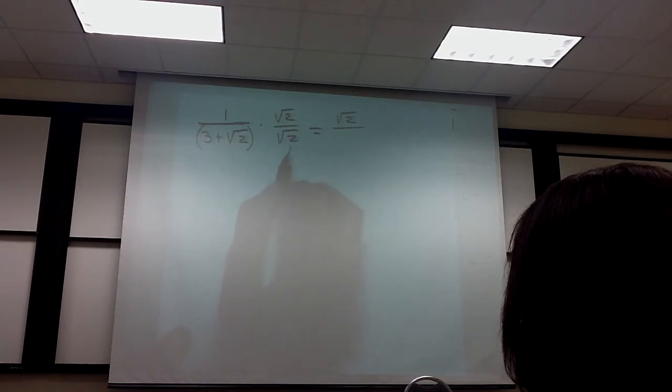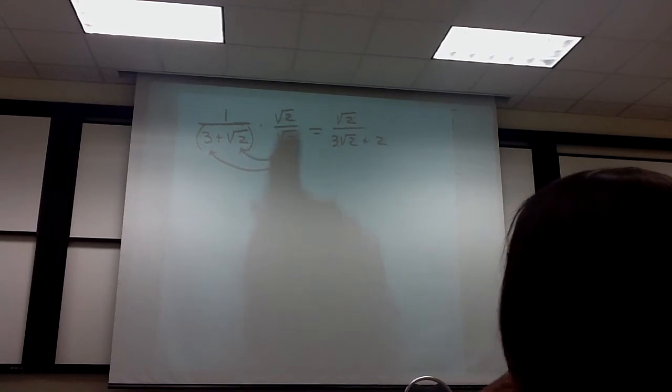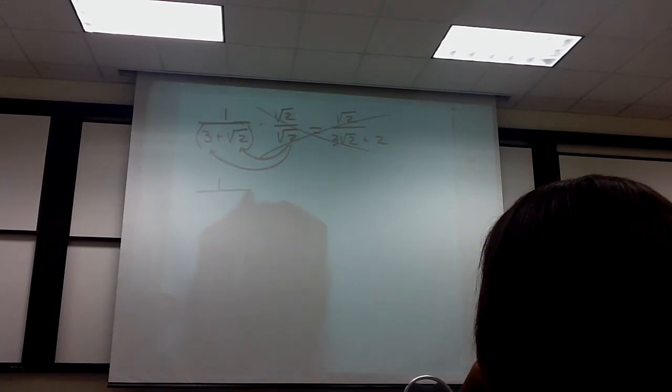So I have to multiply this times that plus this times that. 3 times the square root of 2, that's 3 square root of 2's plus 2 square root of 2 times square root of 2 is 2. And got rid of the radical there, but picked up a radical there. Didn't work. Okay? So multiplying by the simple radical does not get me where I want to go. Still have a radical in the denominator. So let's start over.